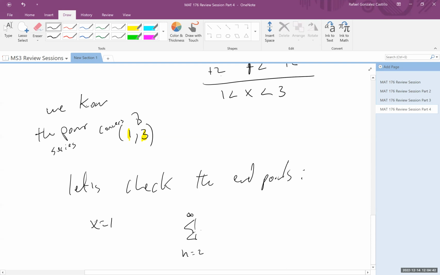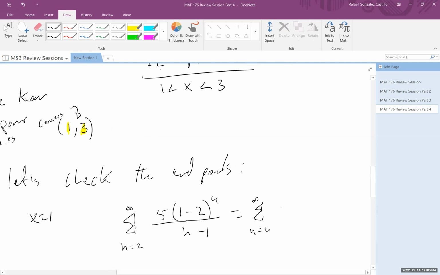The series from n equals 2 to infinity of 5 times (1 minus 2) to the power n, divided by n minus 1. Now, 1 minus 2 is equal to negative 1. So we have the series from n equals 2 to infinity of 5 times (negative 1) to the n over n minus 1. You could factor out that 5.